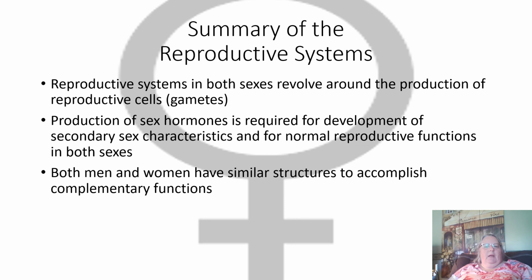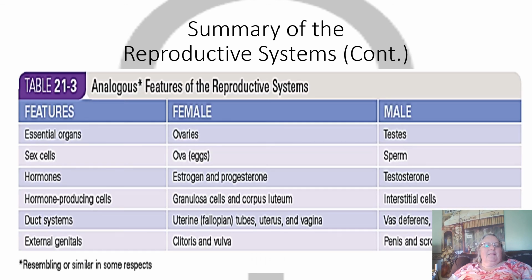Both men and women have similar structures to accomplish complementary functions. This is a table that compares the two reproductive systems. And I'm sure you can look at it and read it, but note how they are pretty similar.